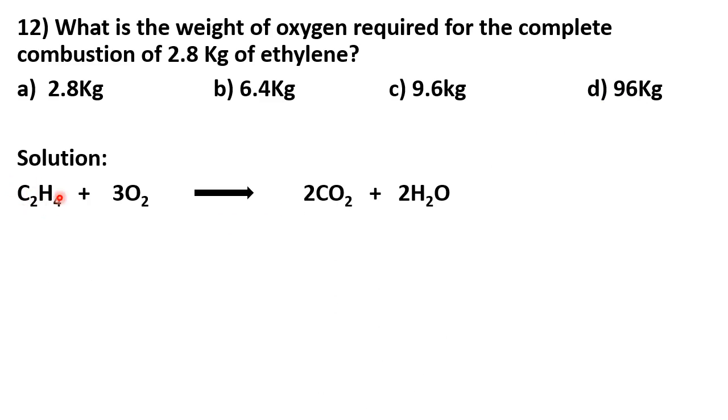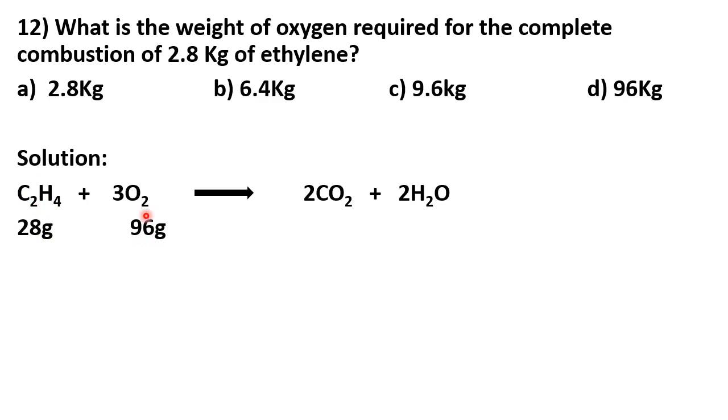So first you have to write the chemical reaction: C2H4, that is ethylene, undergoes complete combustion in the presence of oxygen to give carbon dioxide and water. A hydrocarbon on combustion always gives carbon dioxide and water. First you have to write the reaction. Then you have to calculate the masses of reactants, that is 28 gram for C2H4 and 96 gram for oxygen, by adding the atomic weights.